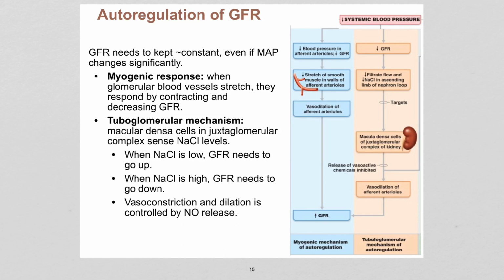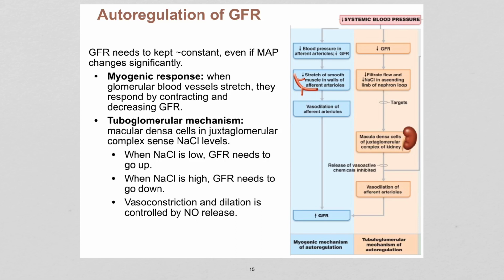All right, so now that we've got the concept down that changing the afferent arteriole, constricting or dilating, will have a big impact on net filtration pressure and GFR, this slide is showing you two different mechanisms of how that control actually happens.